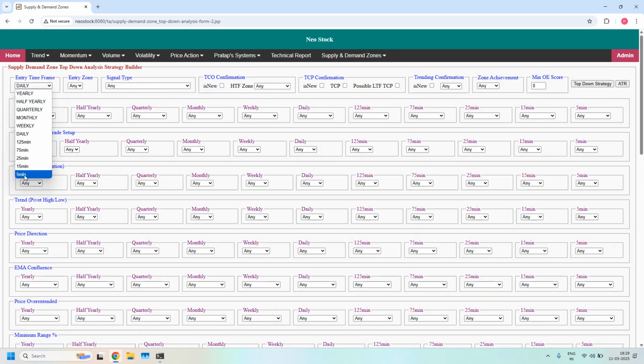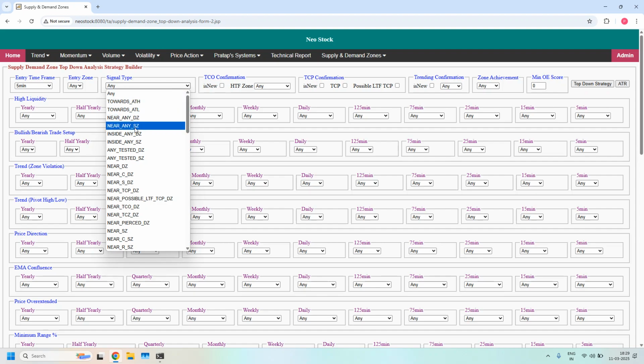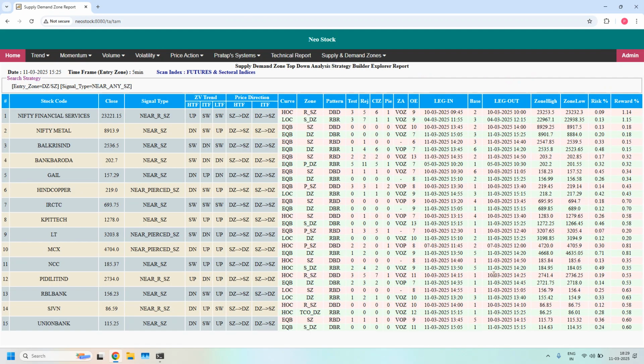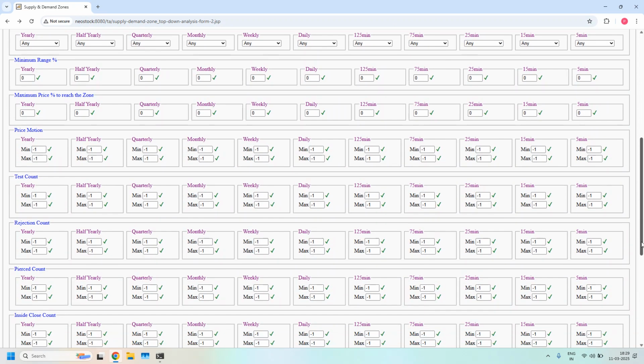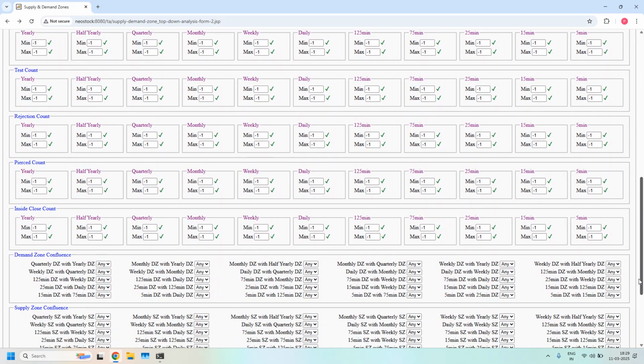5 minutes time frame, stocks near 5 minutes supply zone. We got 15 stocks. Out of these 15, how many are having ITF supply zone confluence? Let us verify. That is 5 minutes supply zone with 15 minutes supply zone confluence.